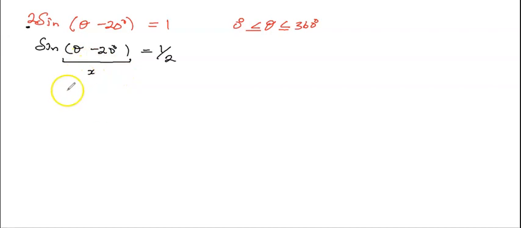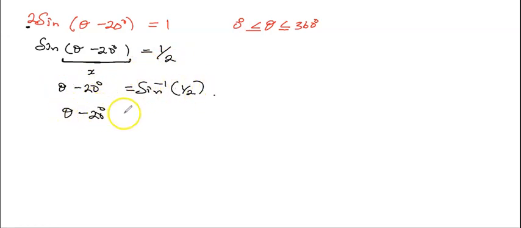So theta minus 20 is equal to the sine inverse of a half. All of it, you're calling x. So theta minus 20 is equal to the sine inverse of a half, which is 30.